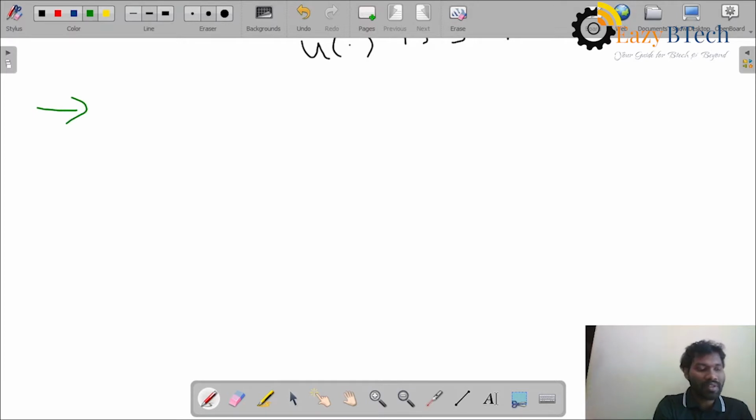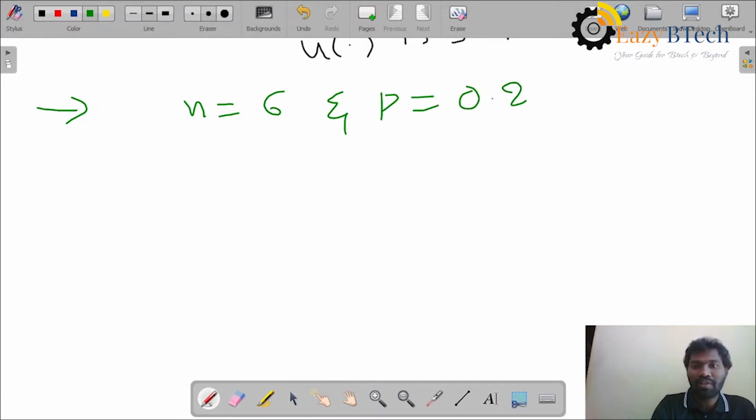Now we will see one problem on this. They gave you capital N equal to 6 in this case, and probability p equal to 0.25.